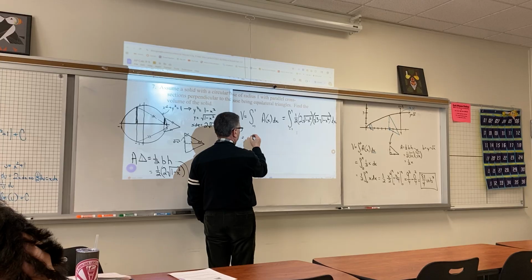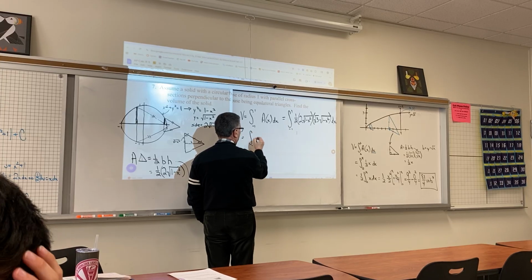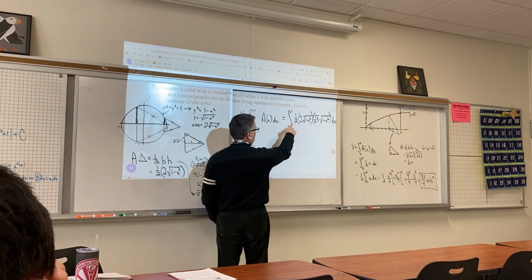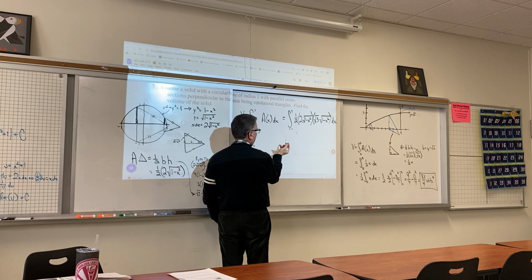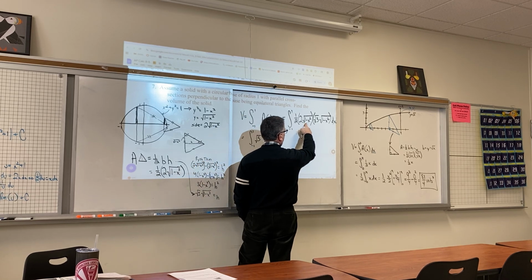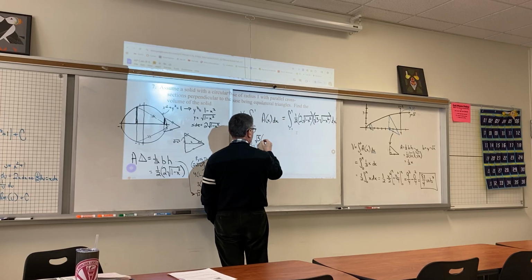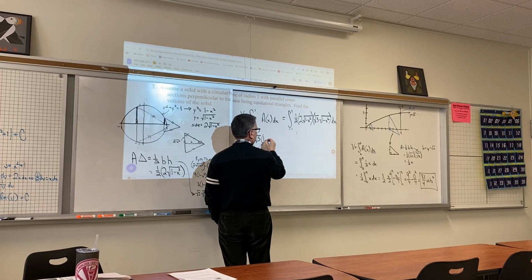See if I can clean that up before I do this. Never mind. We'll clean up the inside first. So 1/2 of 2 is just 1. So I got the square root of 3, and then I got the square root of this times the square root of that. Well, that's just this, dx.